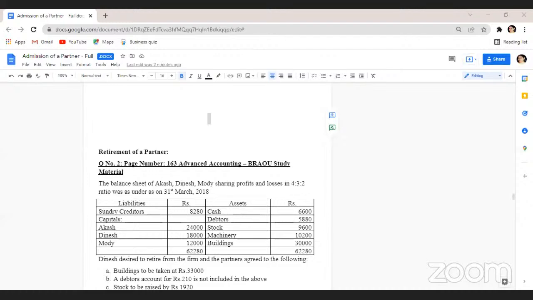Very good. So now the totals also will change. Total of the balance sheet 46,800. And here Ramani 31,200.